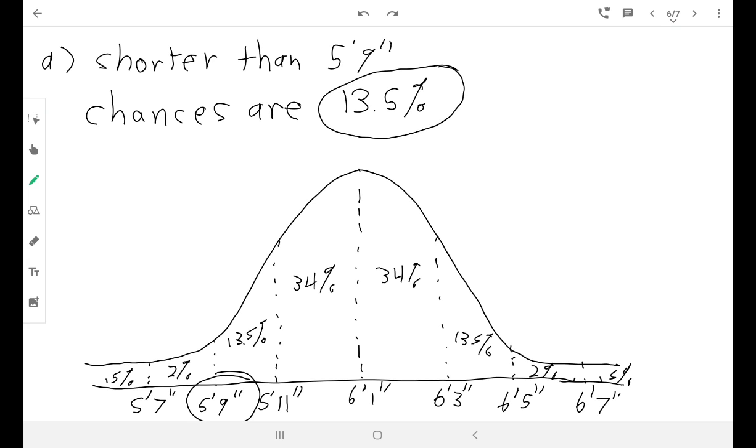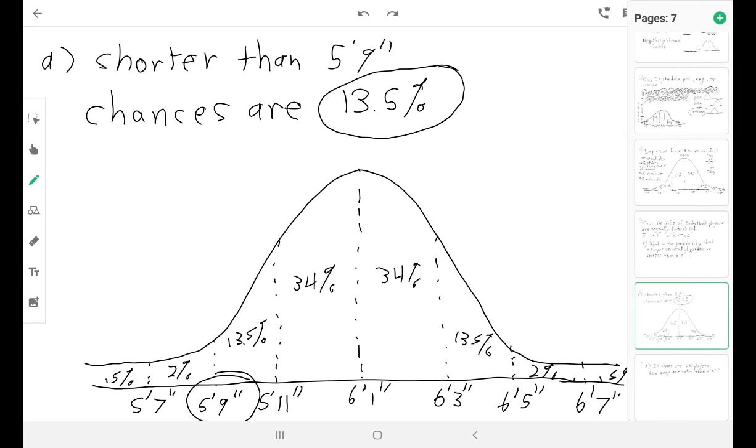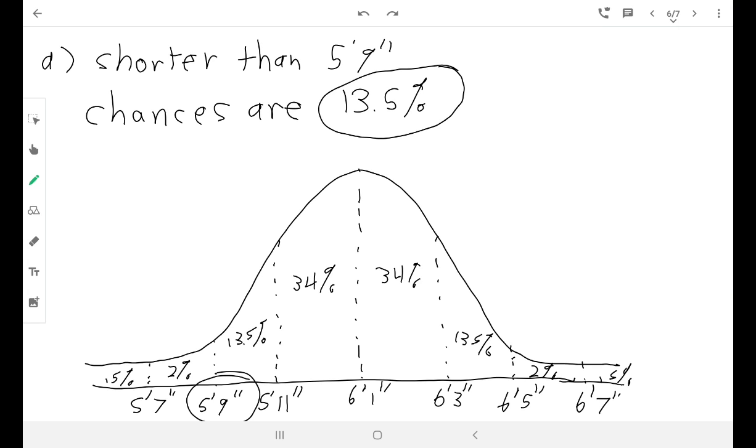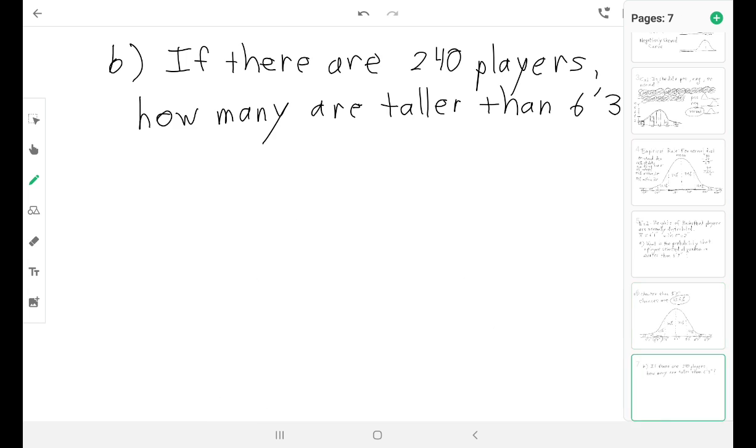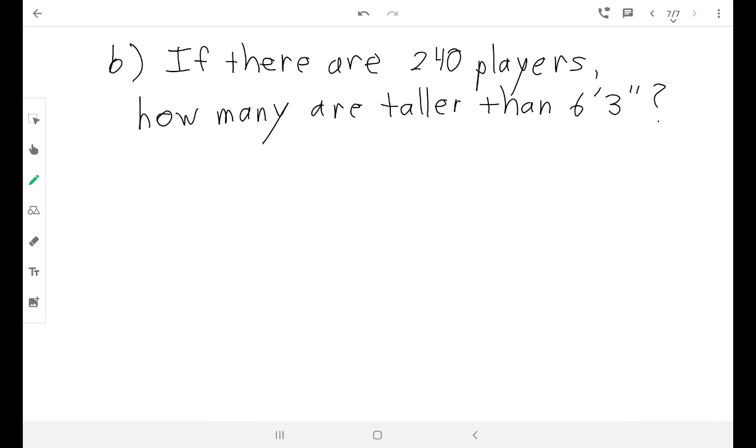How many are taller than 6'3"? Okay. So what we're going to say is, here's 6'3", and the taller people are all in these percentages. So what I'm going to do is I'm going to add up those percentages.